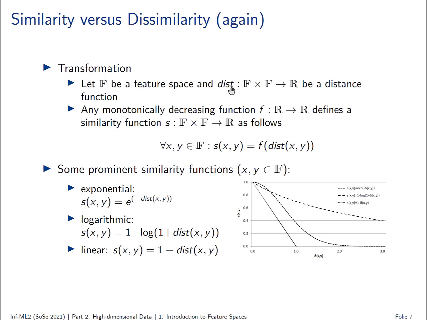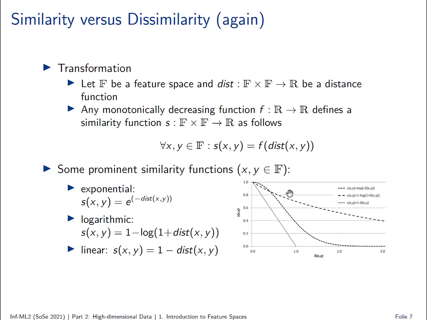So given a distance function in our feature space, we can design a similarity function by just applying this monotonically decreasing function. For example, we could apply the exponential function, or the logarithmic function with 1 minus. We can, of course, also use a linear transformation with 1 minus the distance.